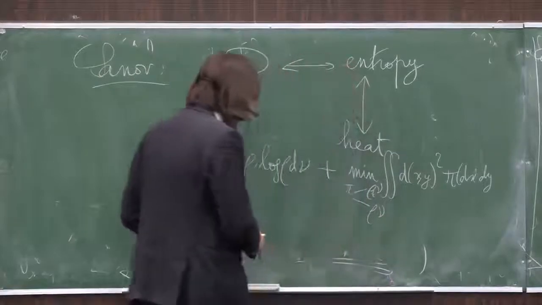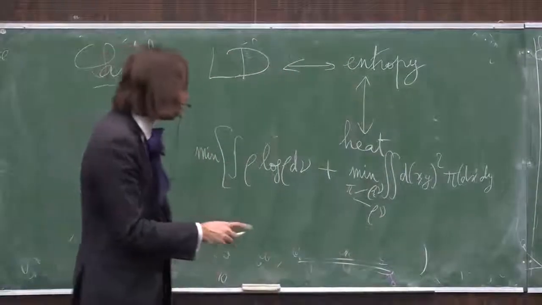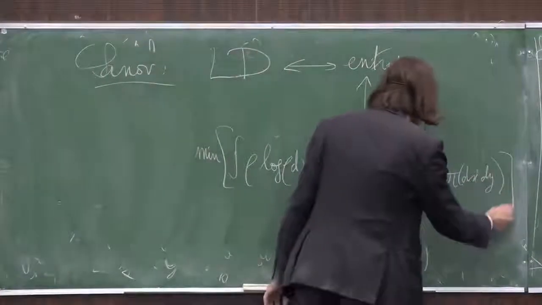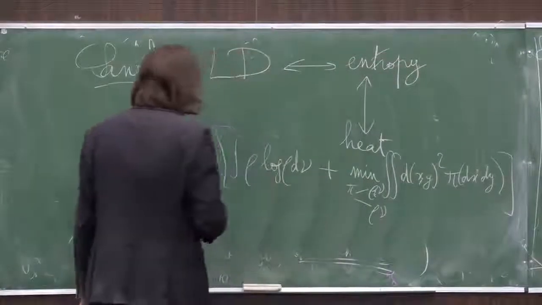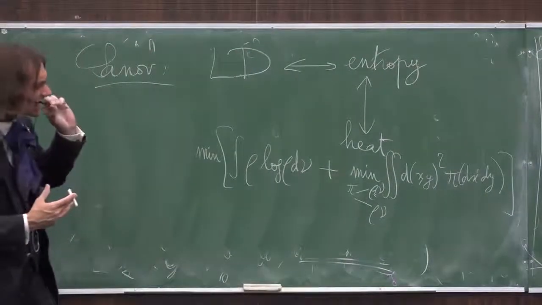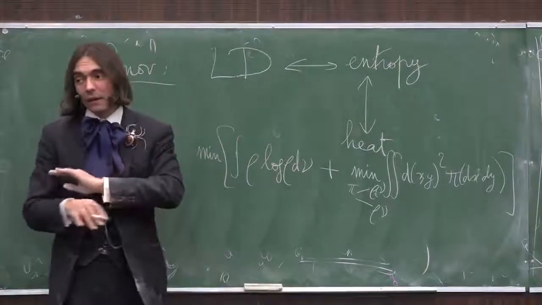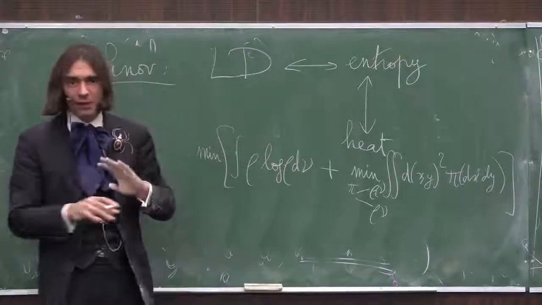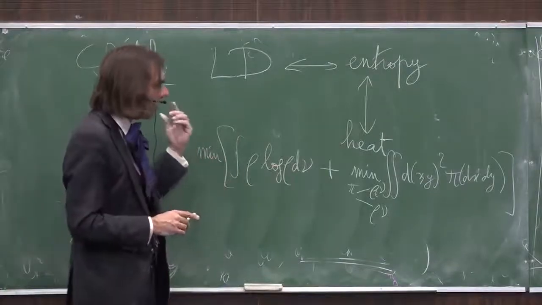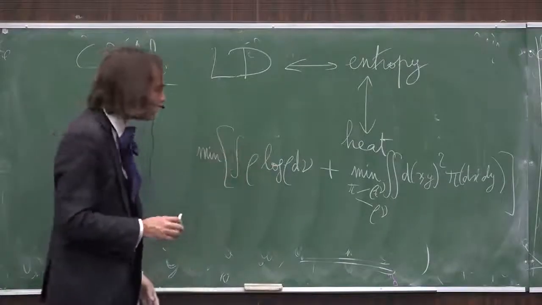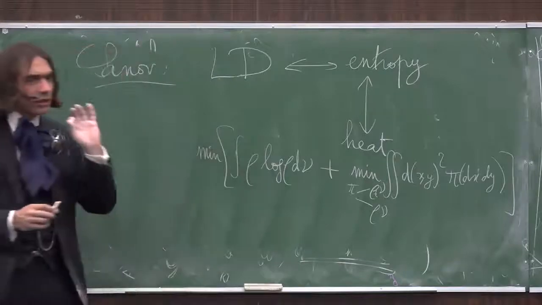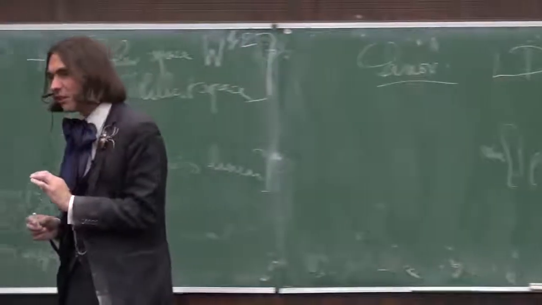If I have it at step k, I want to go to step k plus 1. So this procedure is extremely general. This gives you the heat equation all the time, even if it's non-smooth, even if it's any kind of thing. And you may ask why this is related to heat. You can make an interpretation in terms of large deviation.